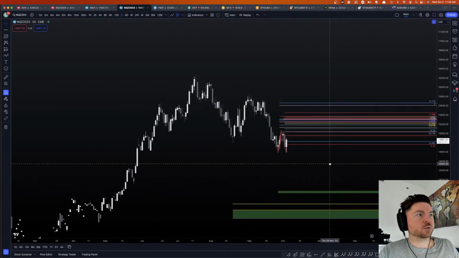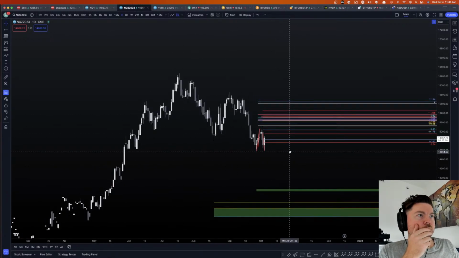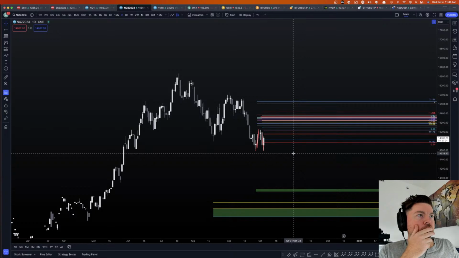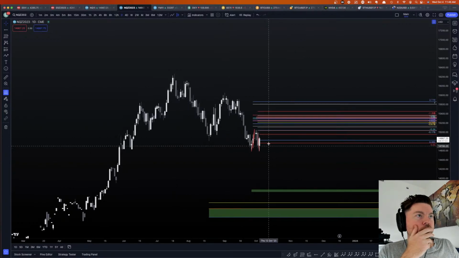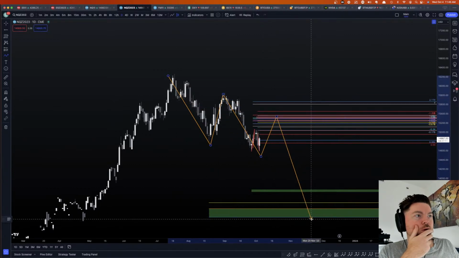From a higher time frame perspective, it could be a 1-2-1-2, for a very bearish case. 1-2-1-2, 3.